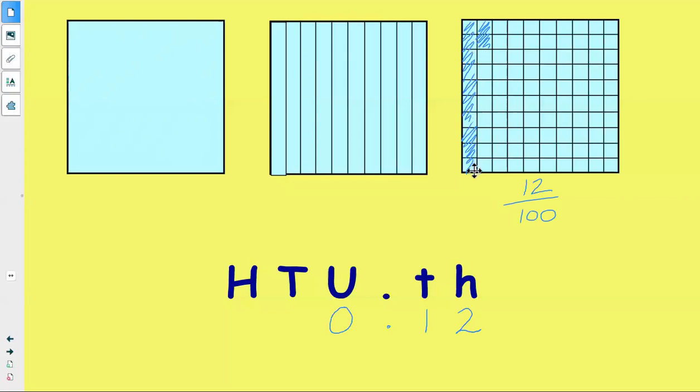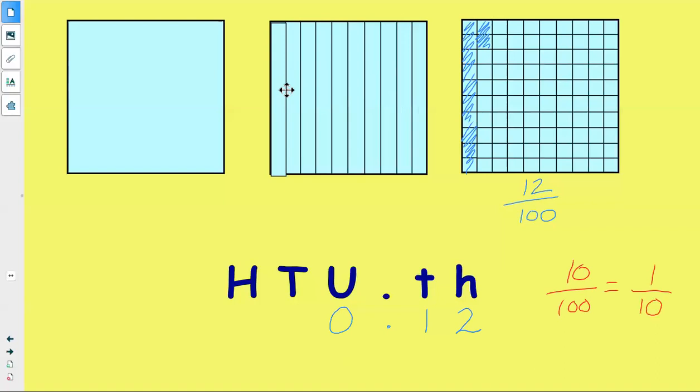I want to make it clear that in this column here, there's 10 hundredths. If I was to take one of the tenths and place it on top here, you can see they are equivalent to each other. They are the exact same. Therefore, 10 hundredths is the exact same as, or equivalent to, 1/10.